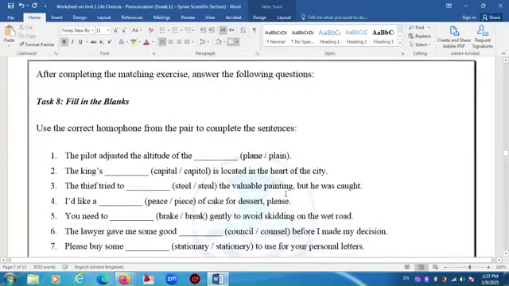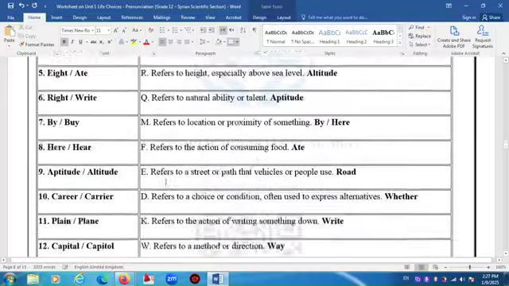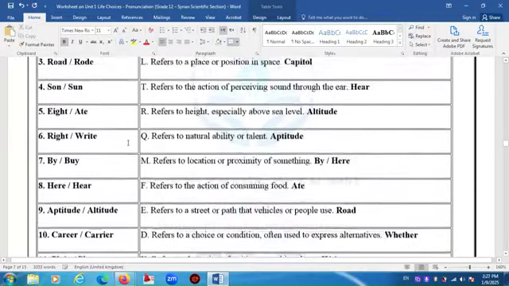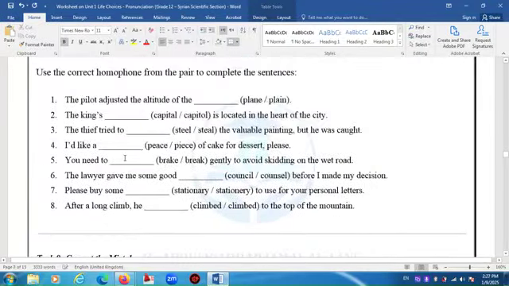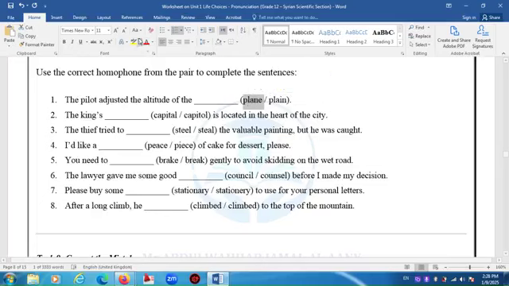Additional task. I will take these words now and I will use them inside fill in the blank questions. The pilot adjusted the altitude of the, is it plane or plain? Of course, plane. That's the correct one. The king's capital is located in the heart of the city.